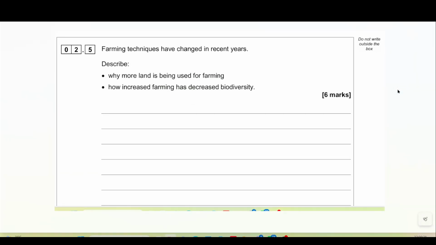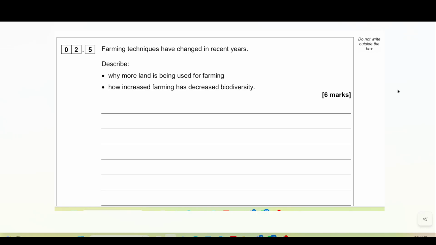Farming techniques have changed in recent years. Describe why more land is being used for farming and how increased farming has decreased biodiversity. More land is being used for farming as demand has increased.